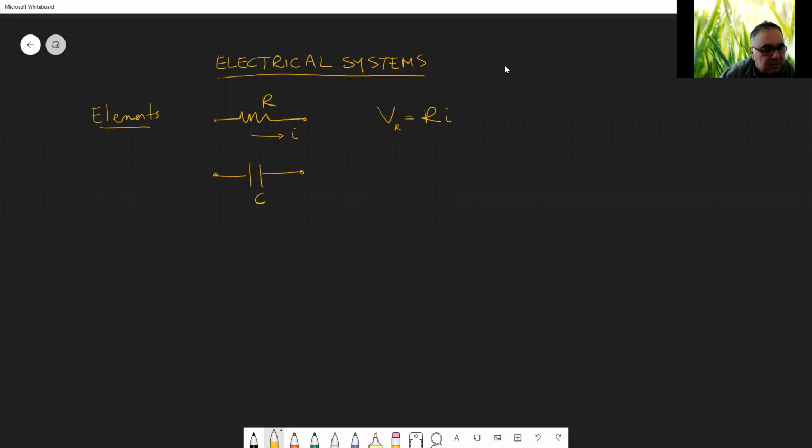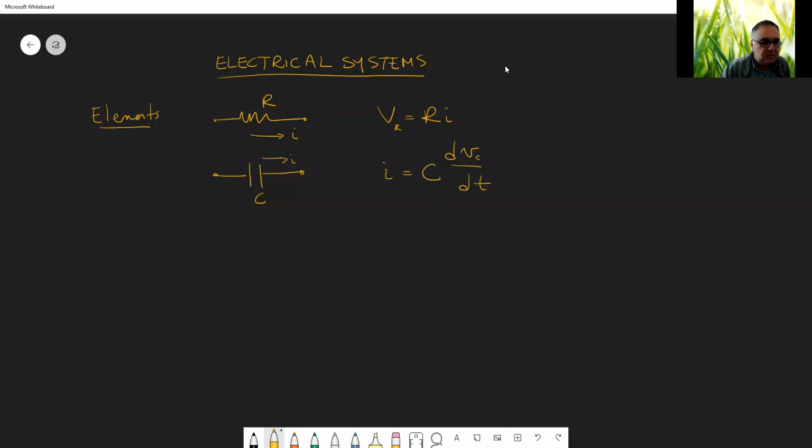This is the current that goes through here, again I. The current is proportional to the rate of change of the voltage across it.